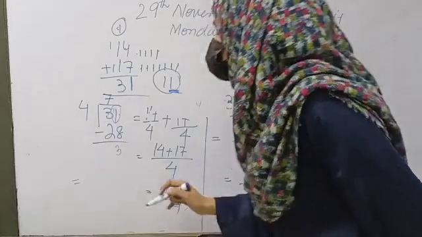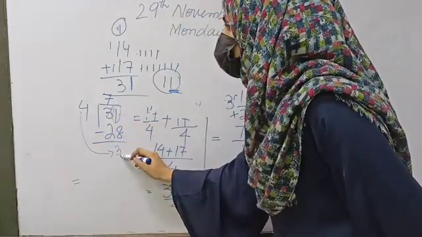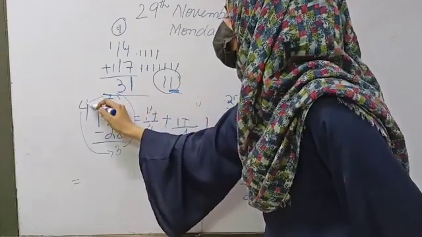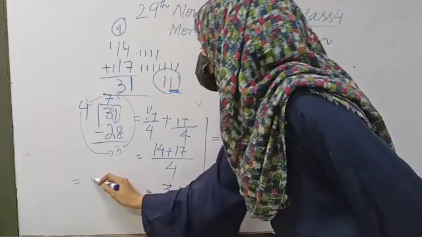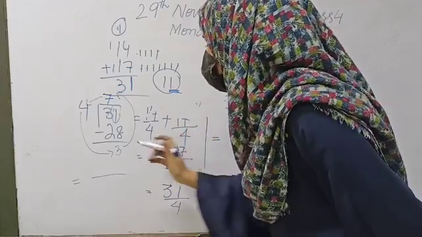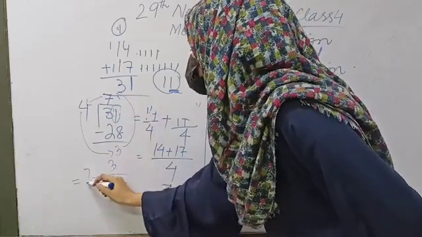Now this is the way to write. We will shift this 4 here, this 3 there, and this 7 there. So the next fraction in the end will become 4, 3 and 7.